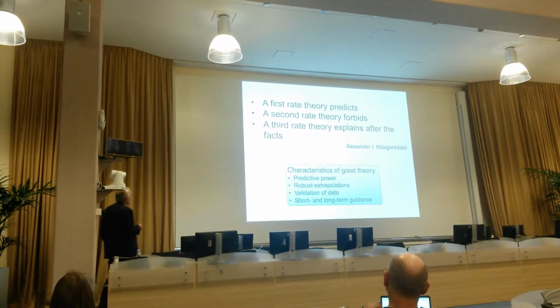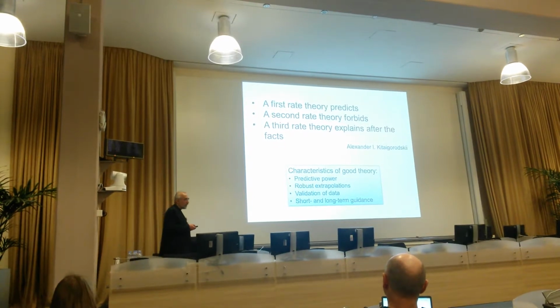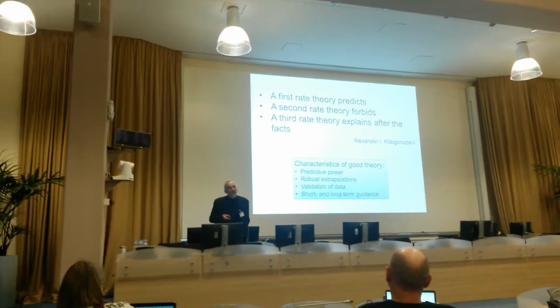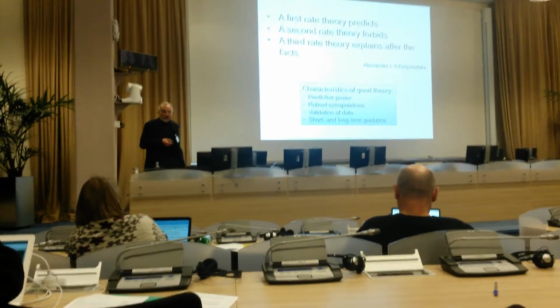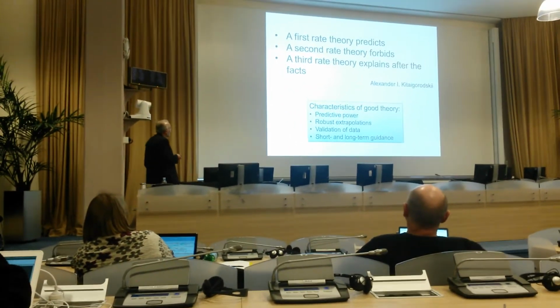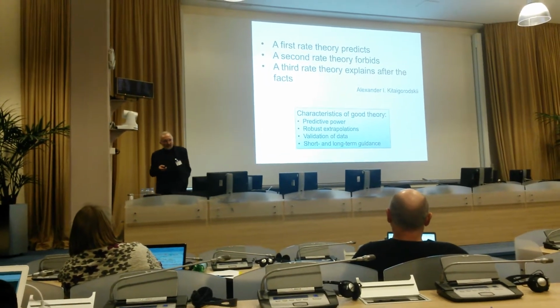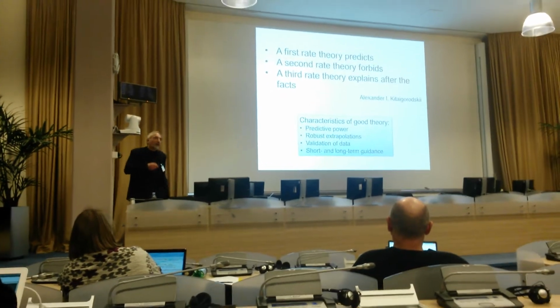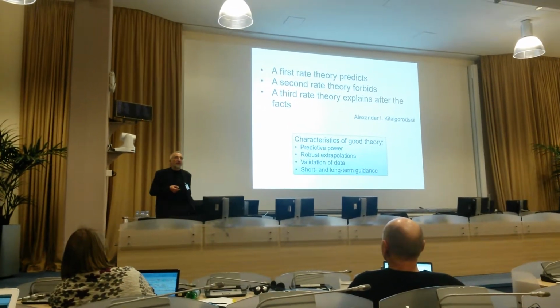The second-rate theory forbids. So it cannot perhaps predict, but provides constraints which eliminate. So this is good. A third-rate theory explains after the fact. And this is what is pretty common. We have models which try to explain or fit the data.